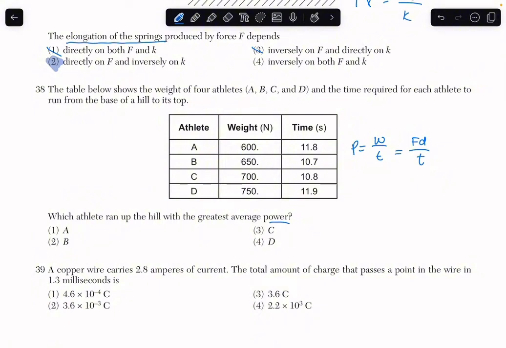To figure out which athlete ran up the hill with the greatest average power, all you have to do is divide the weight and the time, because they all ran the same distance, so that's negligible, because it says they all ran from the base of the hill to its top. So all you have to do is divide each of them and figure out which one has the greatest power, biggest number, and that's going to be C.